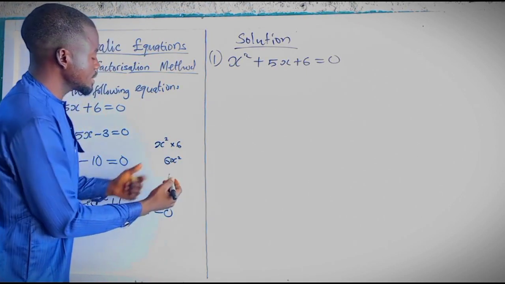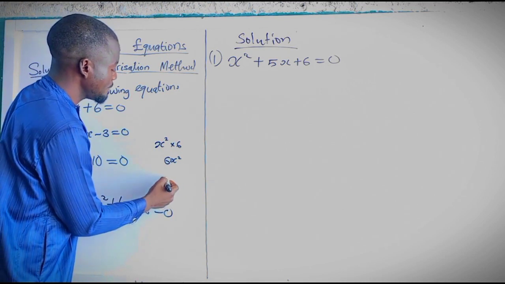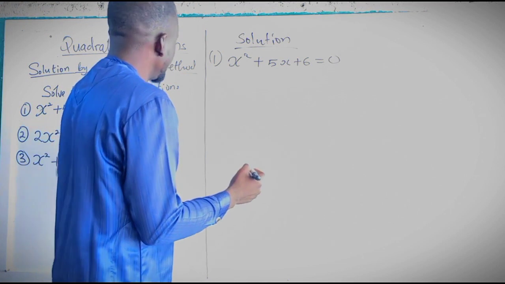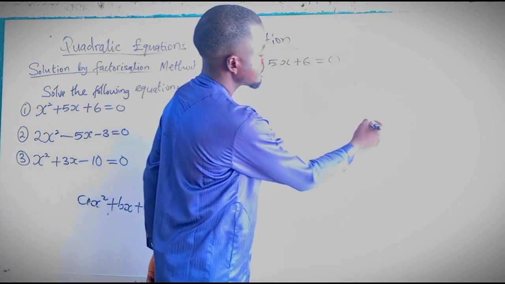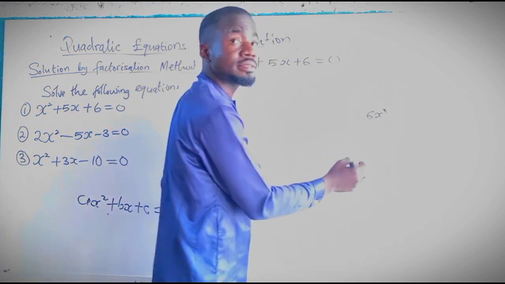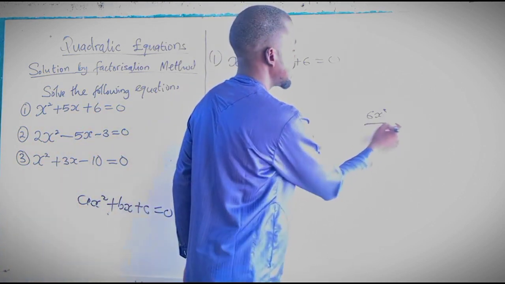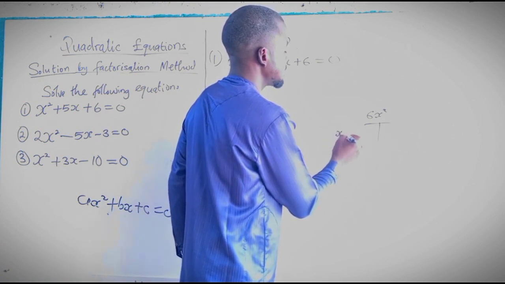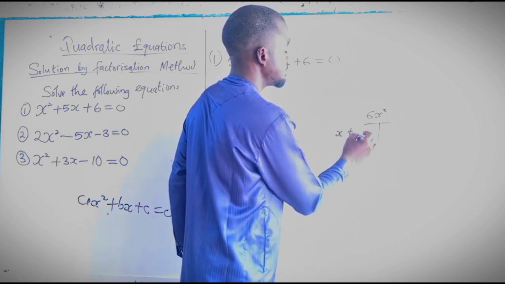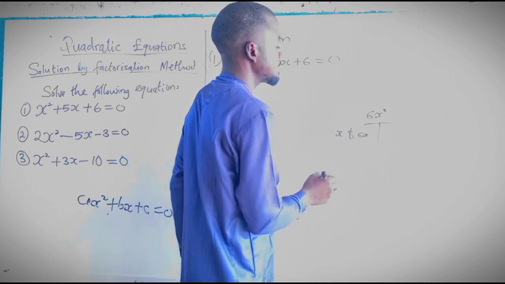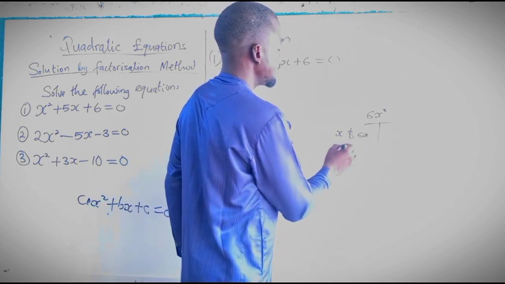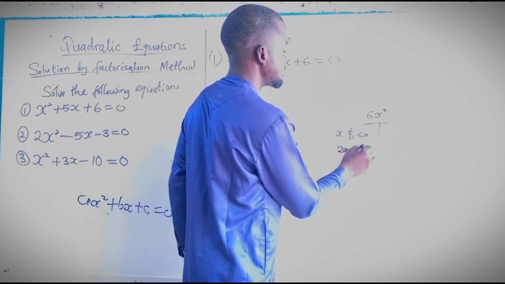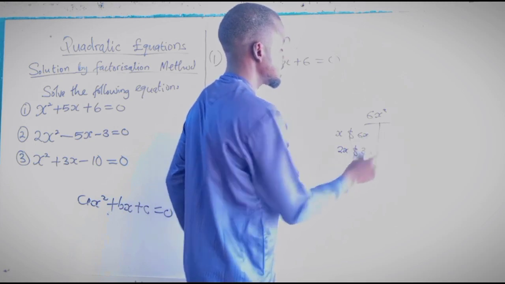The factors of 6x squared are, first of all, x and 6x. We also have 2x and 3x.